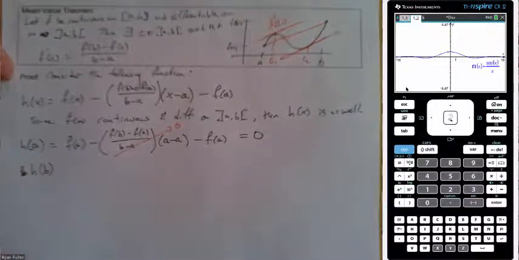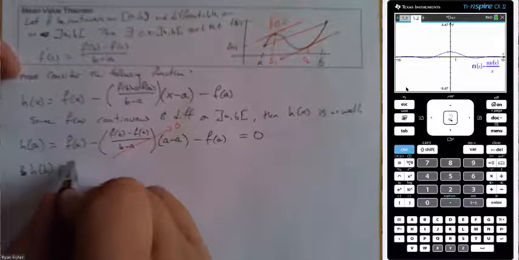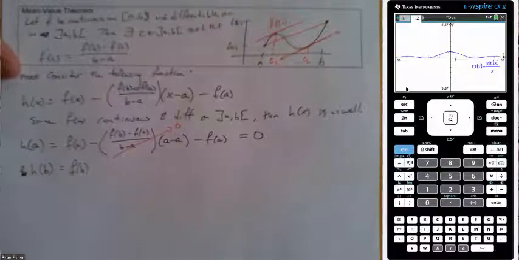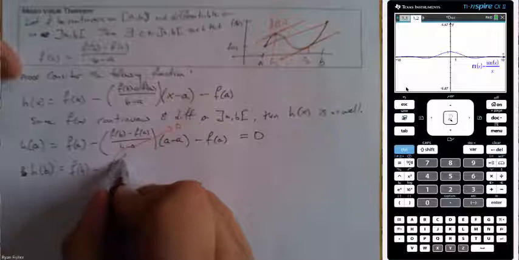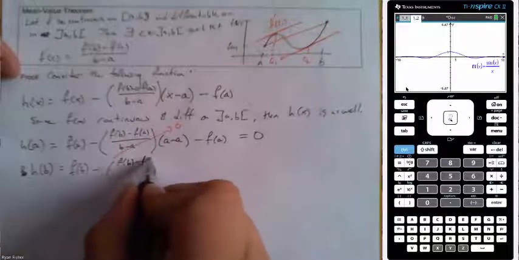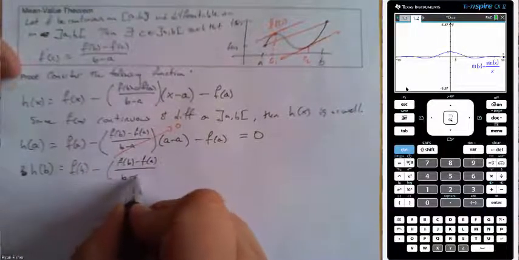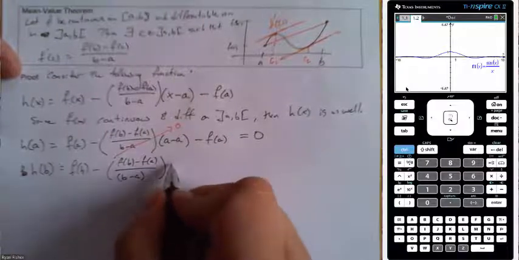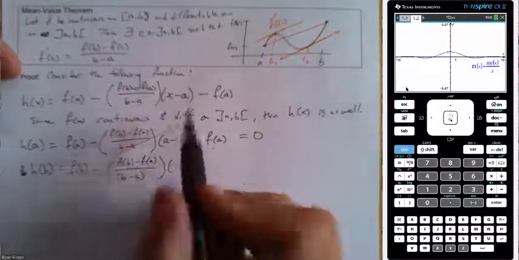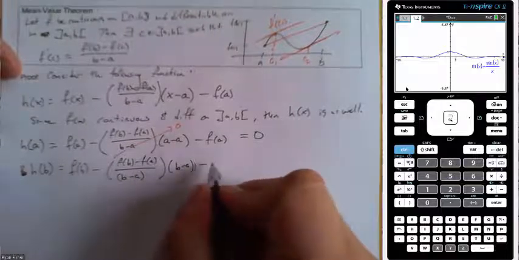Similarly, let's look at what its value is at the second endpoint. That would be f of b minus (f of b minus f of a over b minus a) times (b minus a), minus f of a.